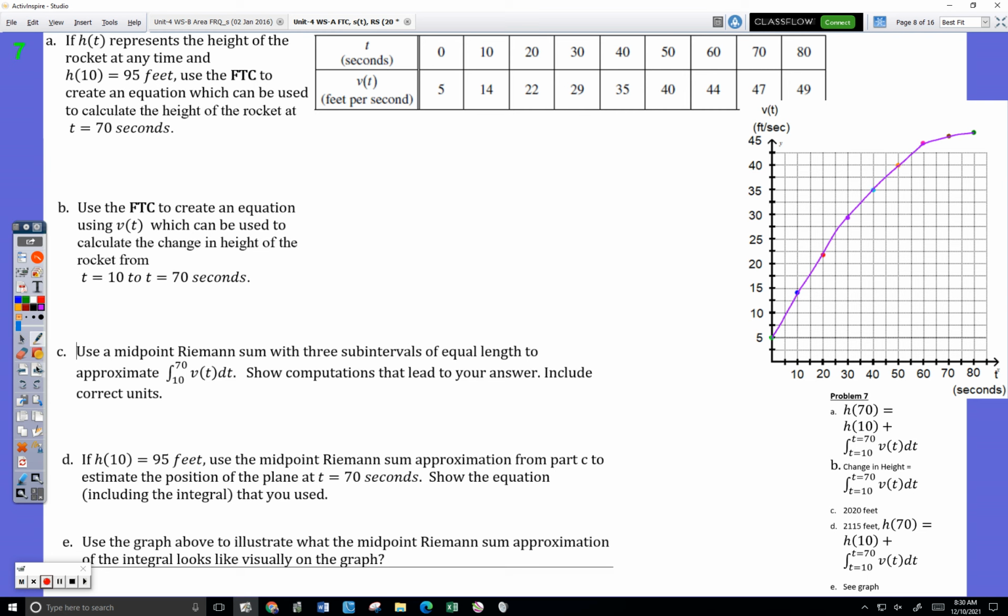You're just supposed to write an equation. We're getting some hands. Here we go. Wait for a few more.